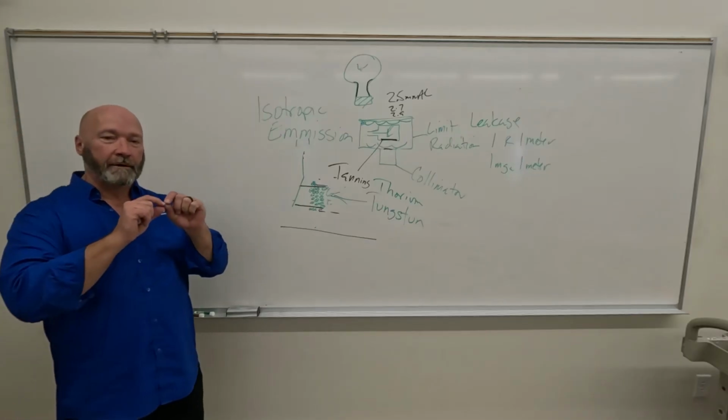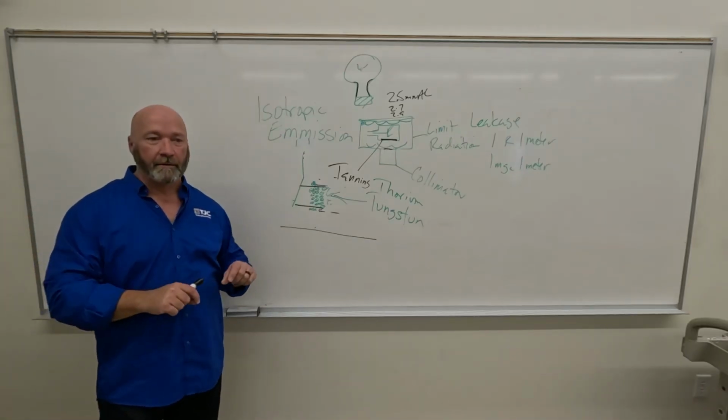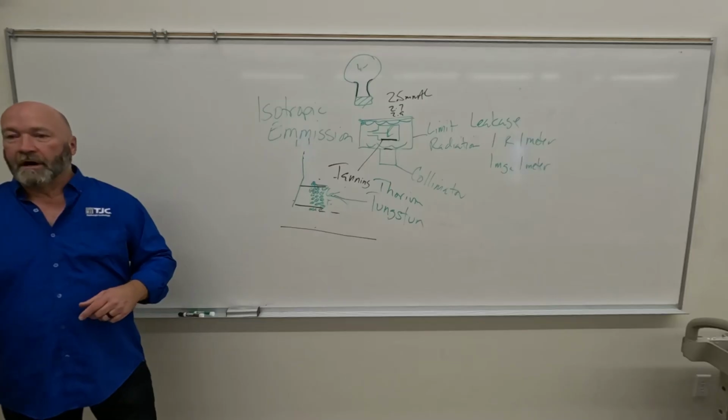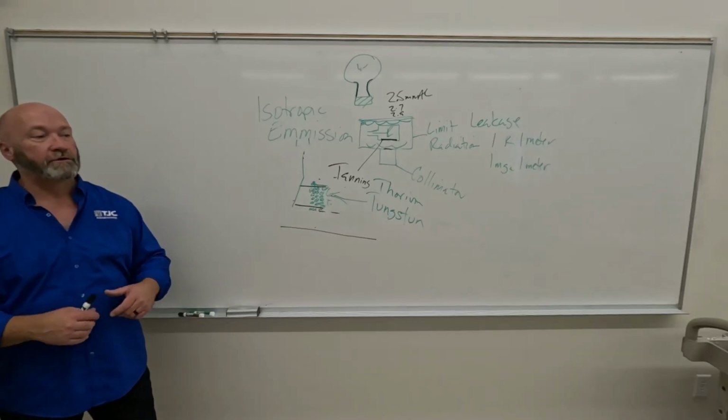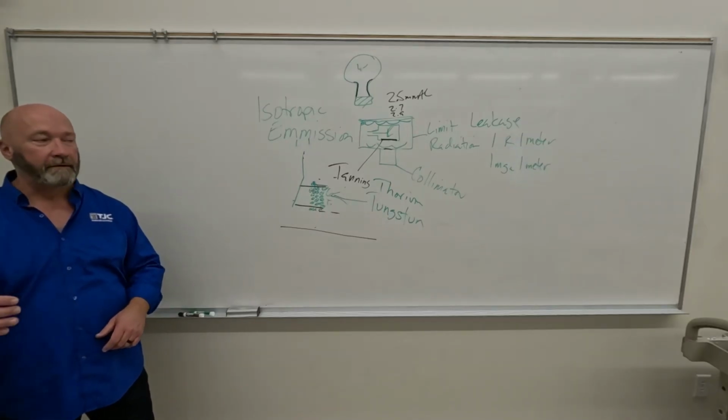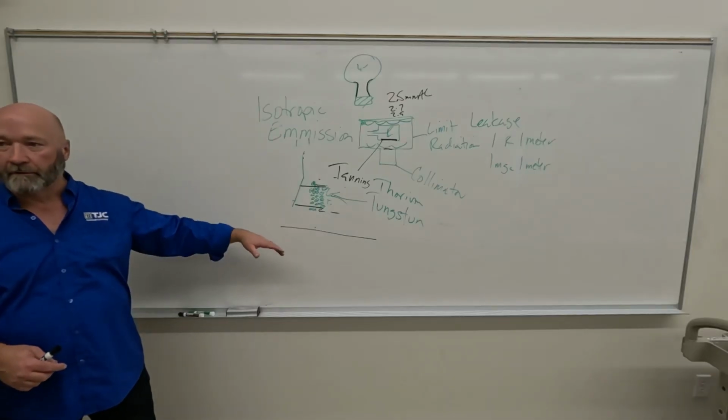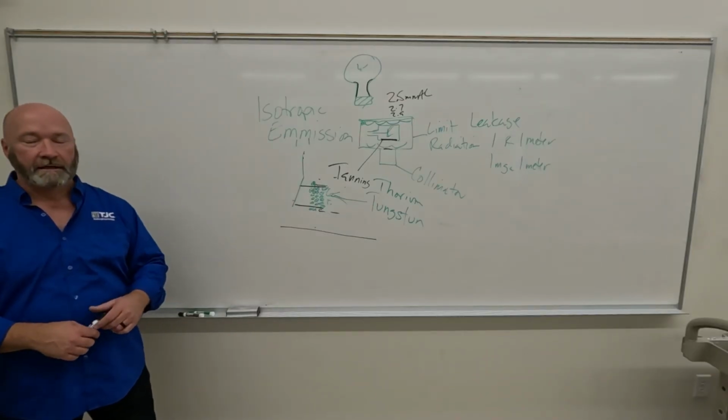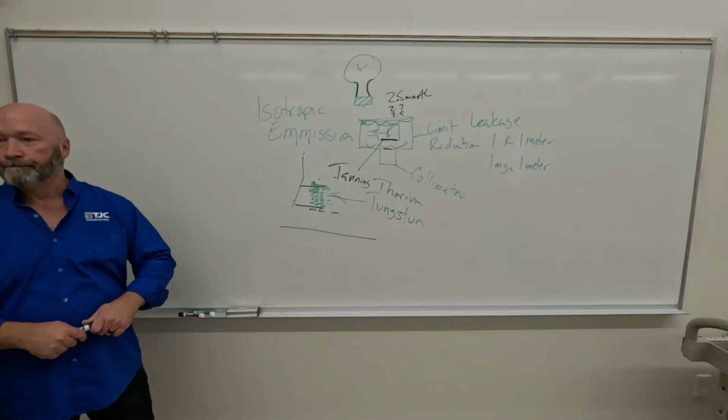Would it matter if you put a really thin layer of metal on top of the metal? The answer is no, it would not. So the benefit of the metal envelope is it completely removes the likelihood of arcing. It's just not going to happen, right?